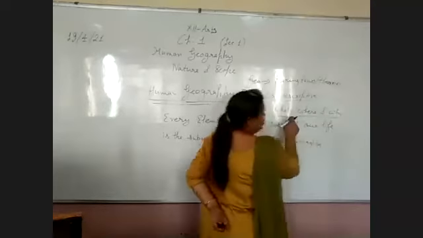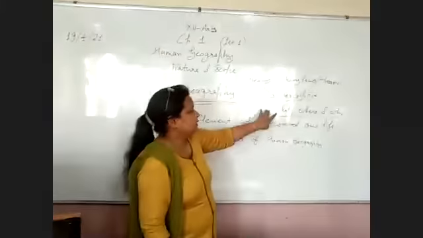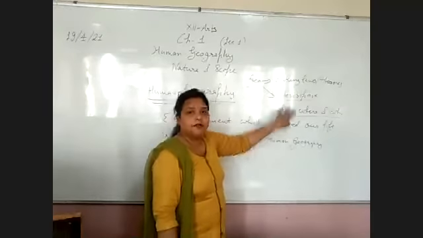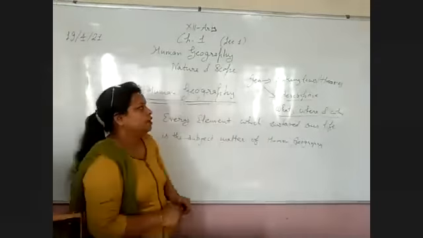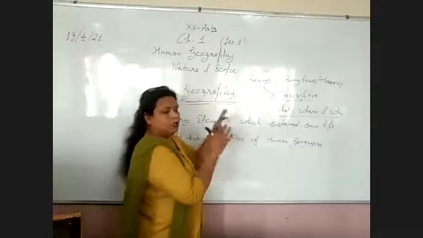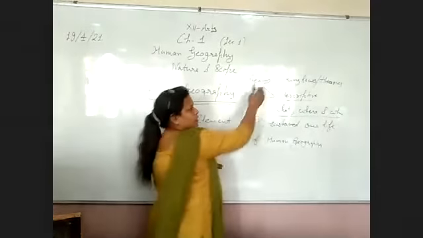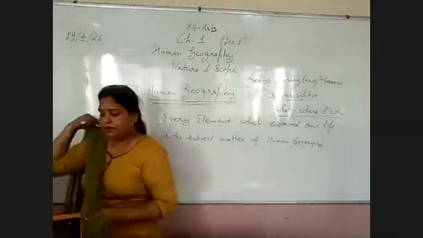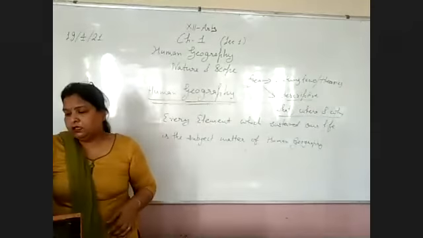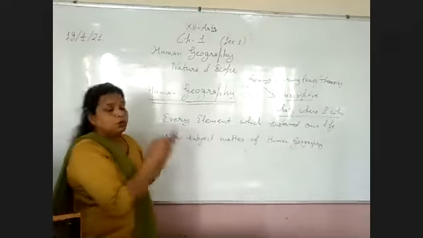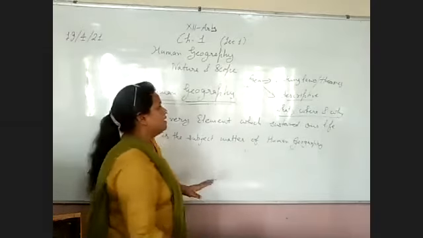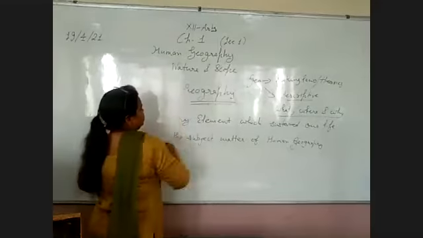So all these three questions are answered in geography, which is related to the descriptive aspect of geography. So we can't limit geography to any one of them. Both are essential to study geography, and these two elements make geography a wider subject, a science subject. Clear?